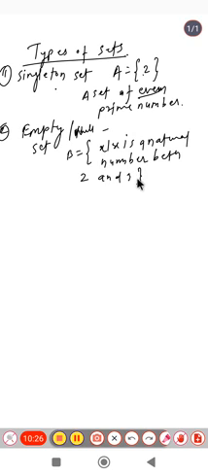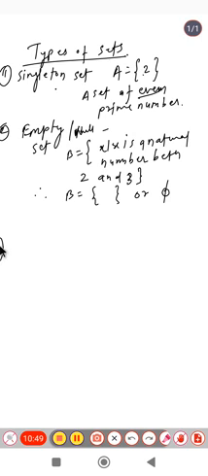Okay, so as we know, there is no such element between 2 and 3. There is no single number, so that's why we can say that it's an empty or null set, and denoted by this symbol as well. It will be called phi.